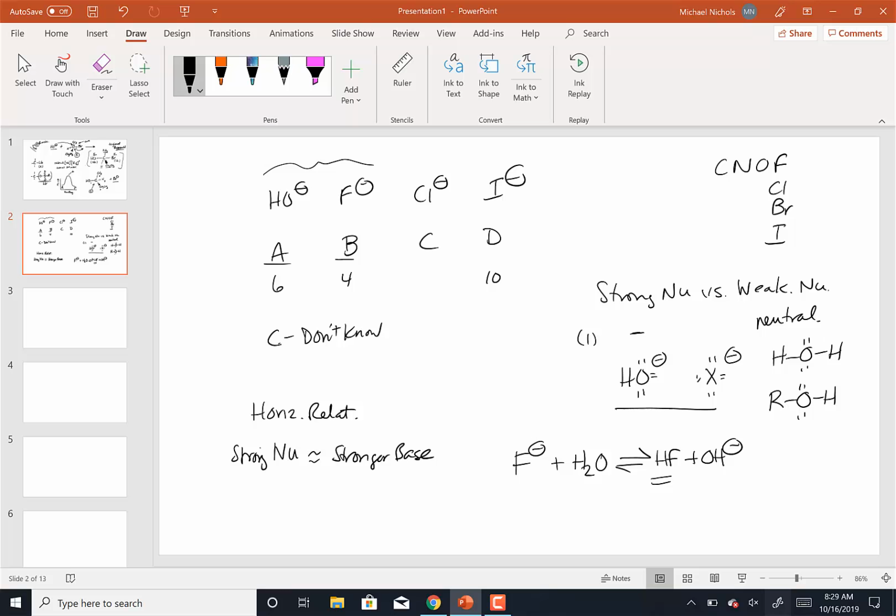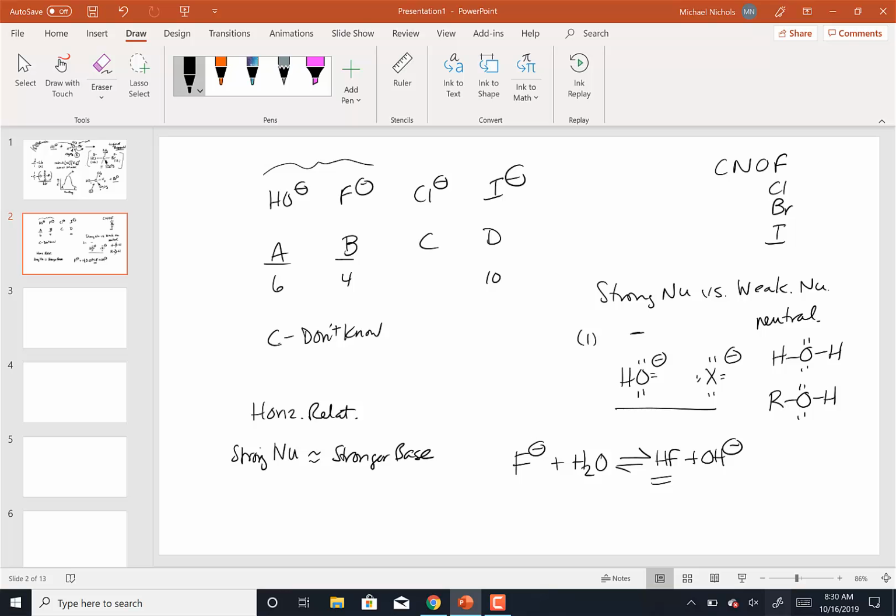HF is an acid that is in an equilibrium when it dissociates, and that means its conjugate base F- is also in an equilibrium when it reacts with water.